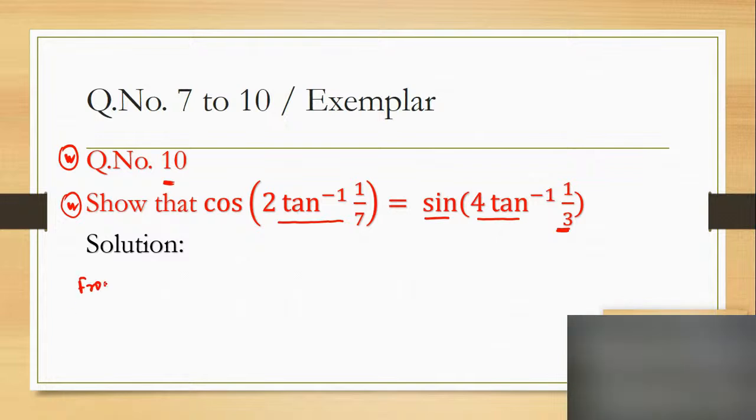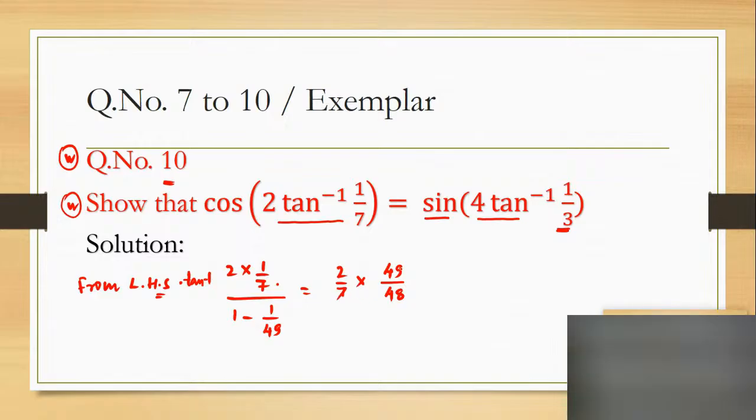If we consider the LHS, then we know that 2 tan inverse x equal to tan inverse 2x by 1 minus x square. So 2 into 1 by 7, and 1 minus x square is 1 minus 1 by 49, then we get 2 by 7 into 49 by 49 minus 1, equal to 48.